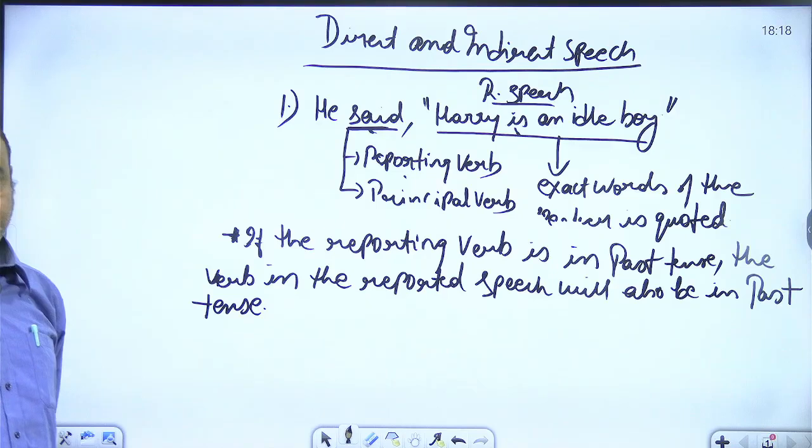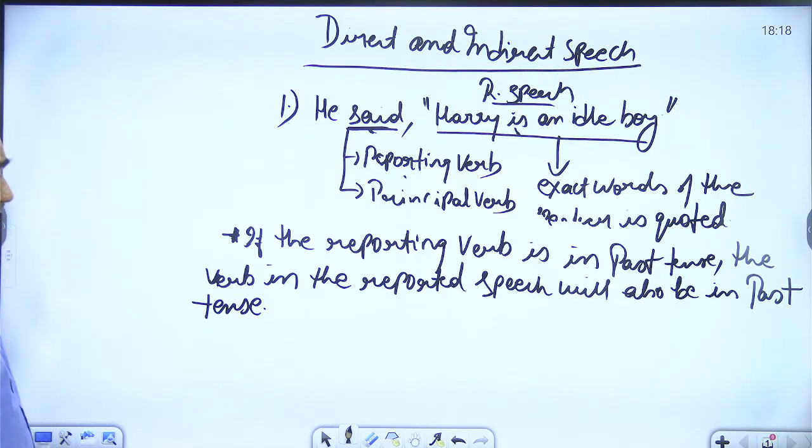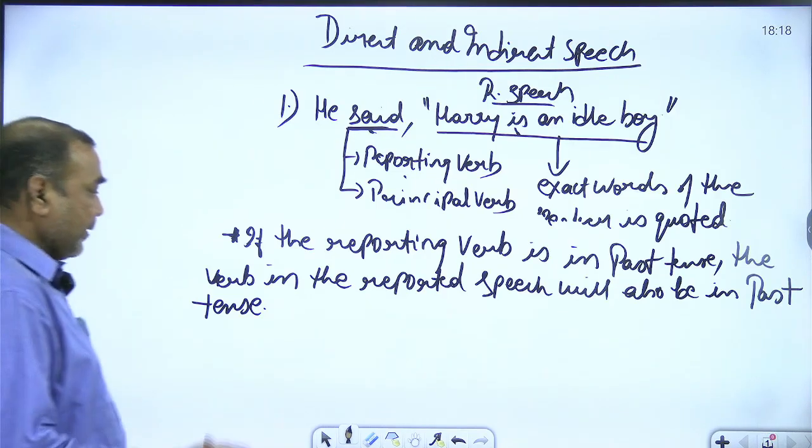This is very important. इसके कुछ exception भी है, अभी हम बताएंगे.